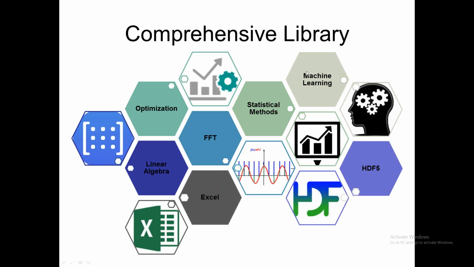We also offer a machine learning part. So the machine learning goes hand in hand with big data. So if you have big data, you want to analyze that with machine learning, we have some tools for you that will help you do that.